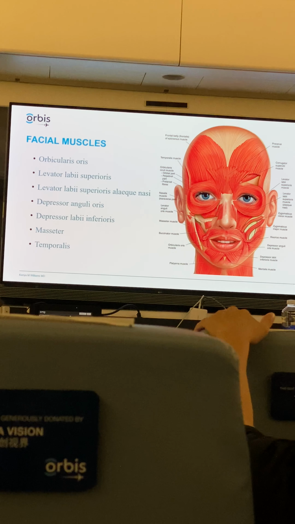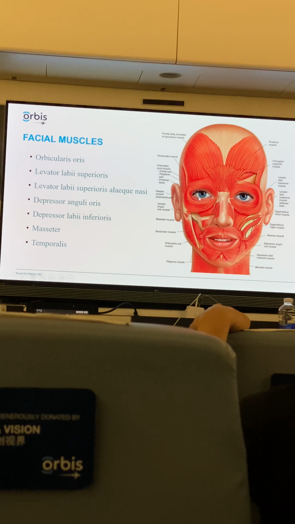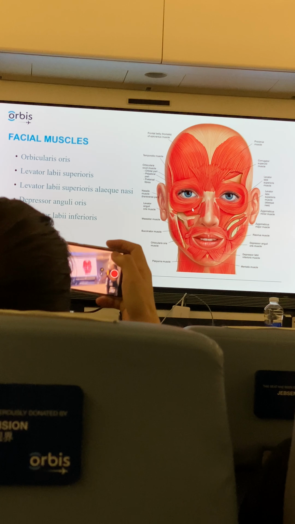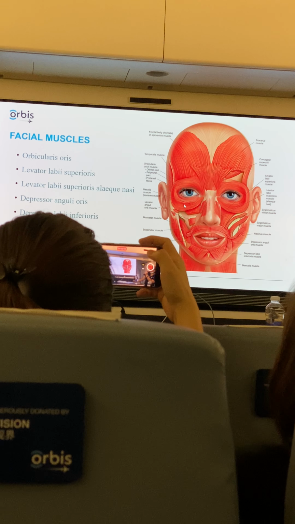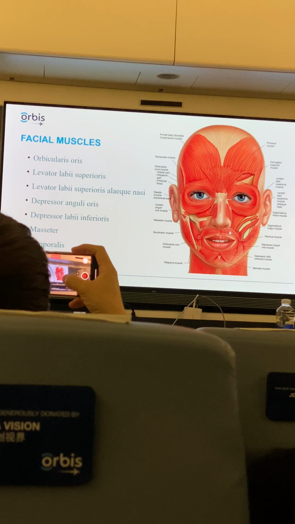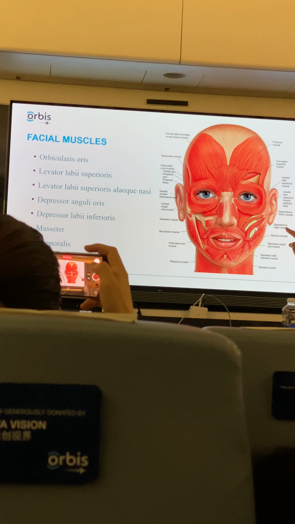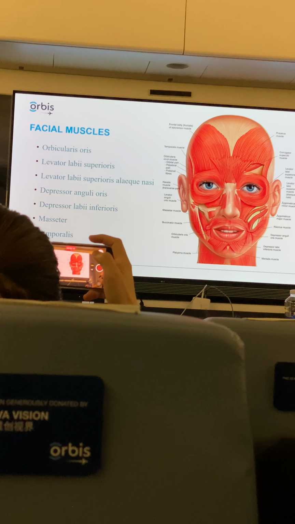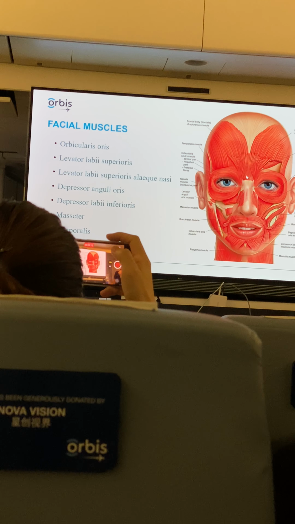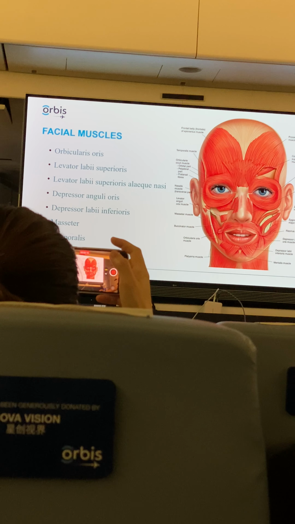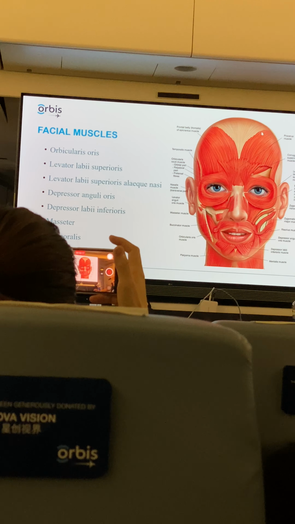So quickly, I will point out the orbicularis oculi. We have the zygomaticus muscles, the procerus muscle, the corrugator muscle.